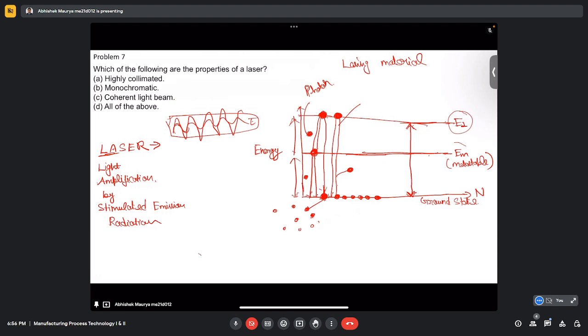If you want something to amplify, first thing is they should be in the same phase, then only can we superimpose them. If they are in some random phase, then no one can guarantee it will amplify.